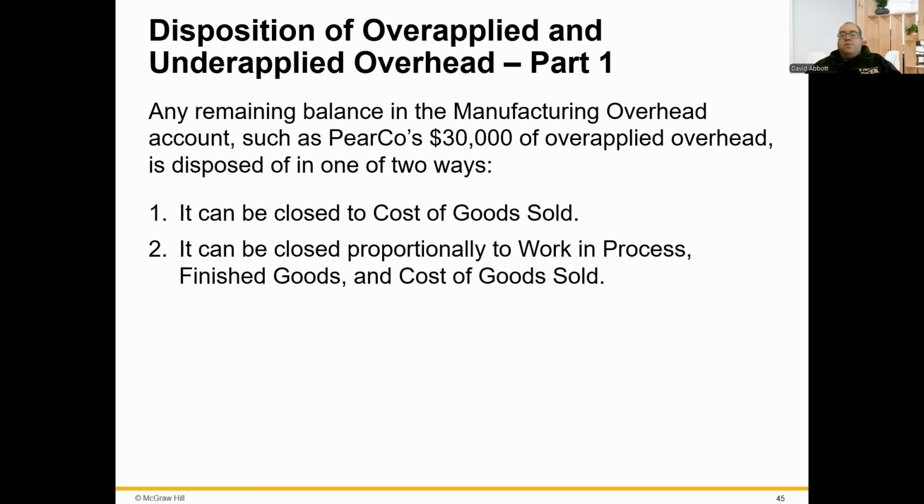It can be closed to the cost of goods sold, or it can be allocated between the work in progress, finished goods, and cost of goods sold in proportion to the overhead applied during the current period to the ending balances in those accounts.